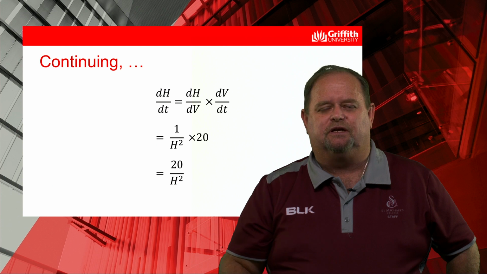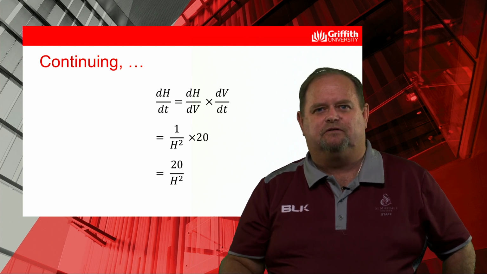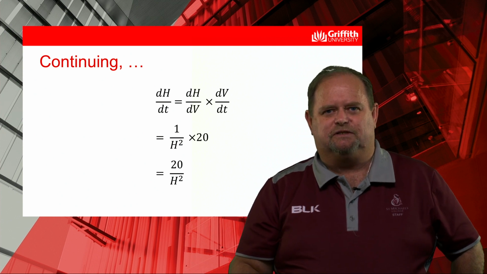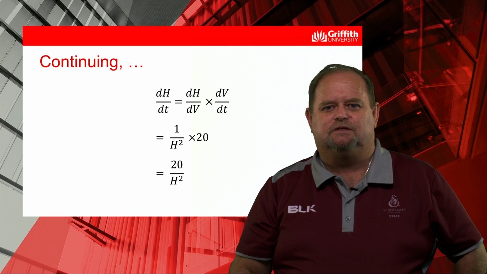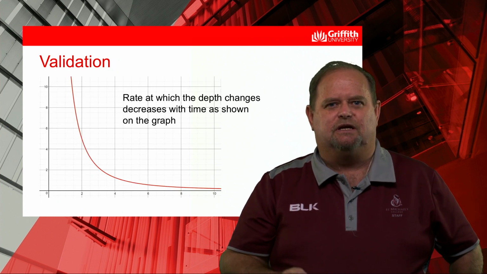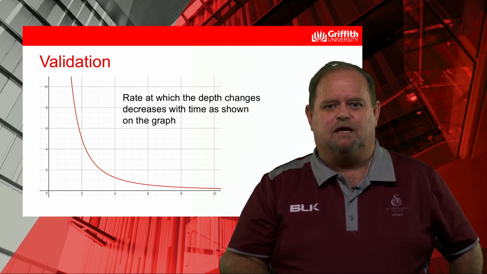I'm just going to go back a slide here. We can validate that dh/dt, the rate at which the height is changing with respect to time, is in fact an inverse squared relationship. And we can see by validation on the graph that as the depth changes, the rate at which the depth is changing decreases over time.